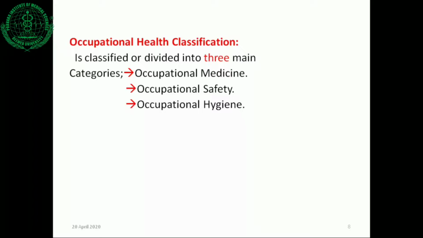Then it is not restricted only to industries or factories, but also to other occupations, that is mercantile and commercial enterprises, forestry and agriculture and service trade, and it includes subjects like industrial health, industrial medicine, industrial accident, industrial toxicology, industrial psychology, industrial rehabilitation.